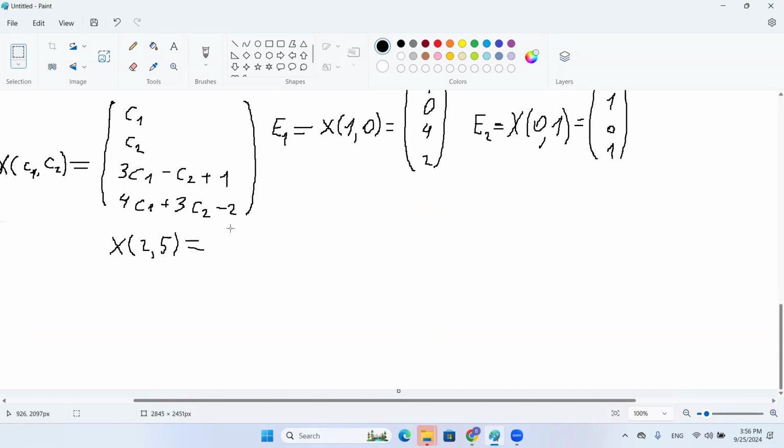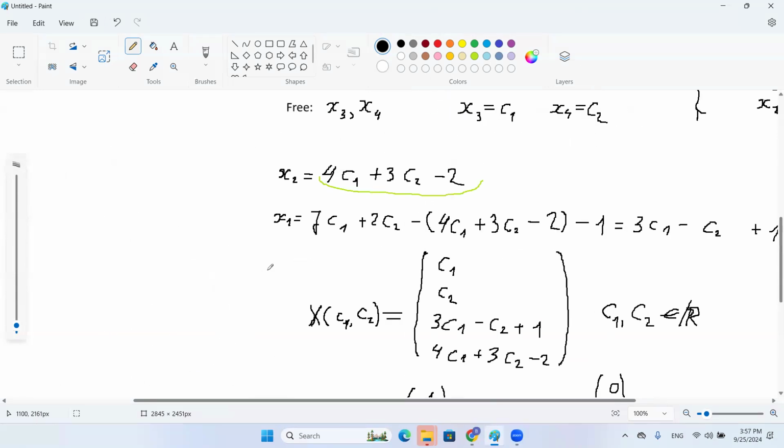And it will equal, so 2, 5, of course, and here 2, and here 21. Correct, 21.